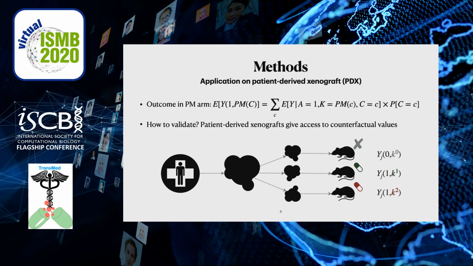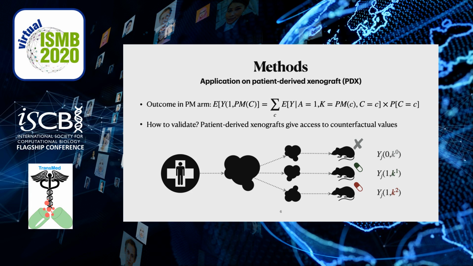In this case, it's the expected value, the average, of the counterfactual variable for A equal to 1, so treated patients, with the version of treatment PM of C, so that means that those patients have been treated with the treatments recommended by the precision medicine algorithm. So this average value is the value if all patients have been put in the precision medicine arm. And you can use similar estimators for the other clinical trial arms to have really the effect of your precision medicine strategies, regardless of the confounder.